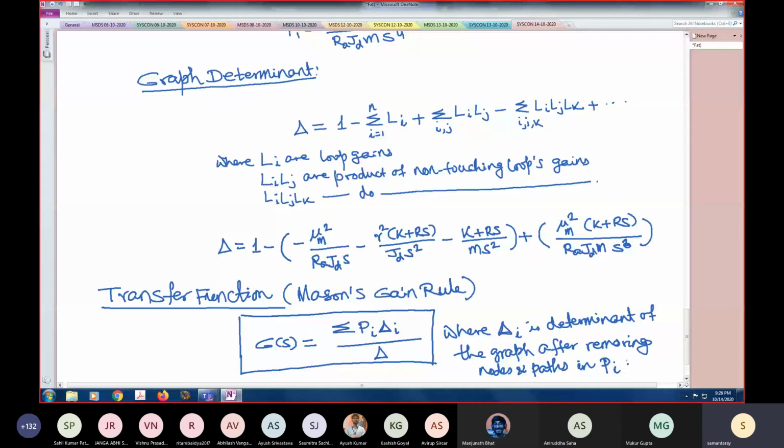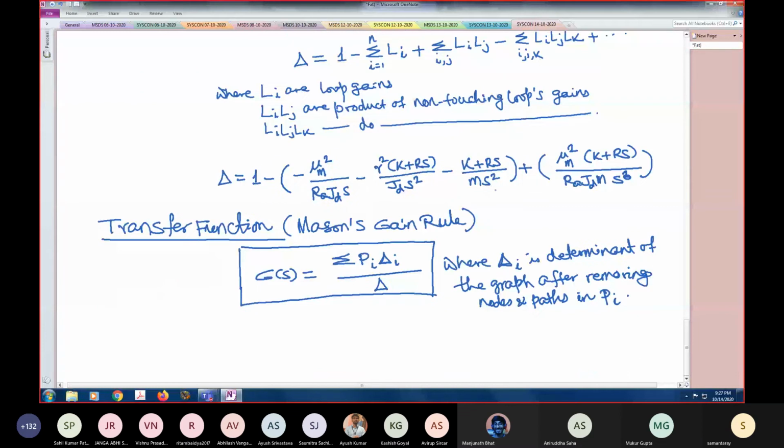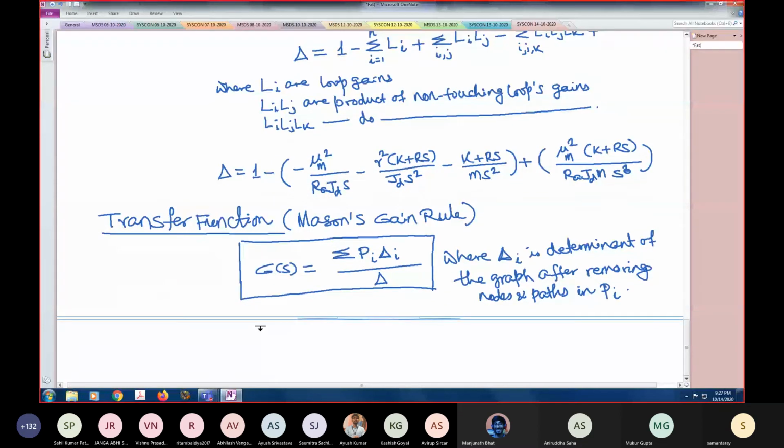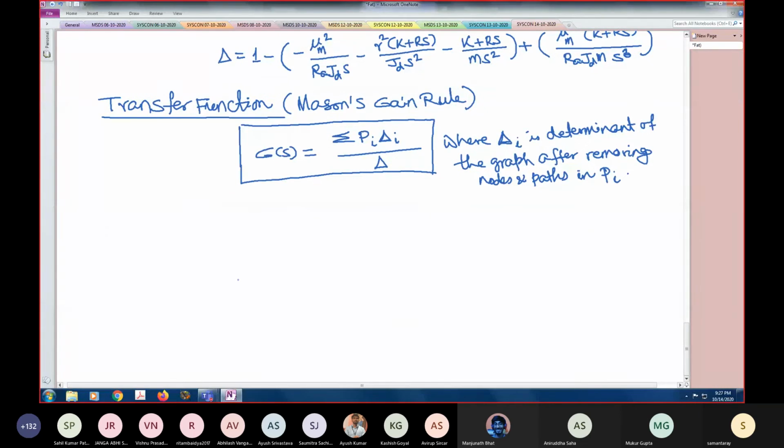So let me quickly find the transfer function for the first case. G1(s) is Y1(s) by U(s). For that I will find P1 and delta 1.